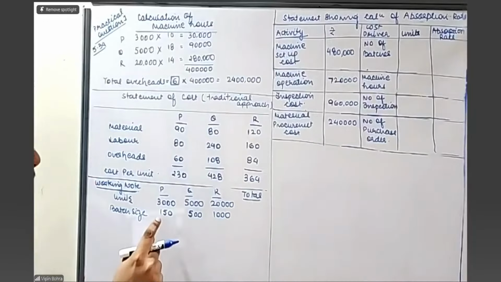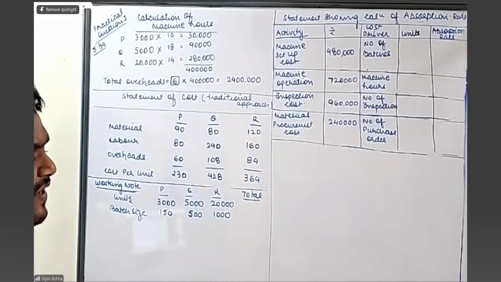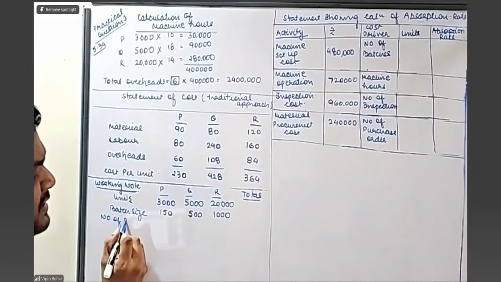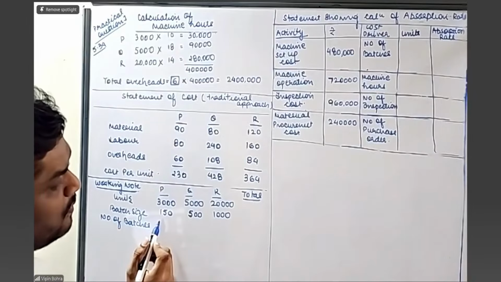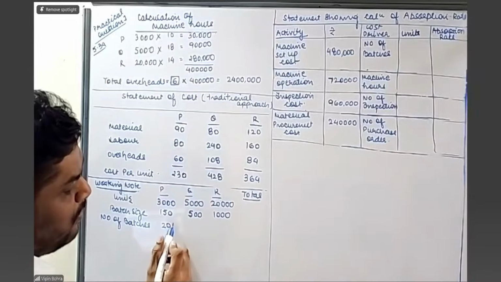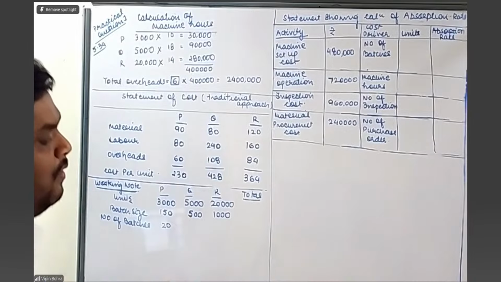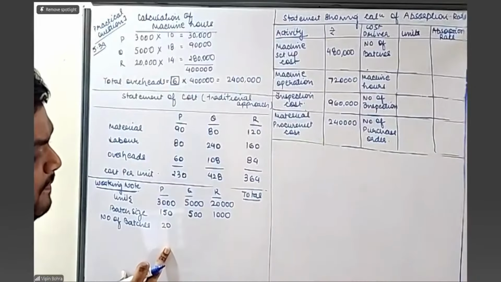So in a particular batch, we are manufacturing 150 units and the total units manufactured is 3000. So we can easily calculate the number of batches. So the total number of batches will be how much? 20 in this case.